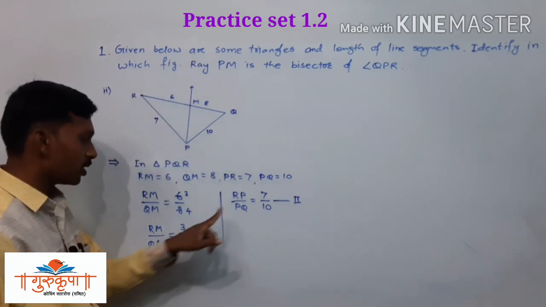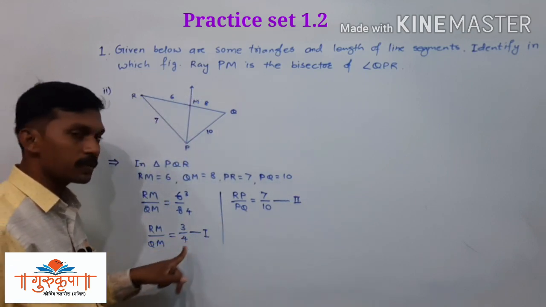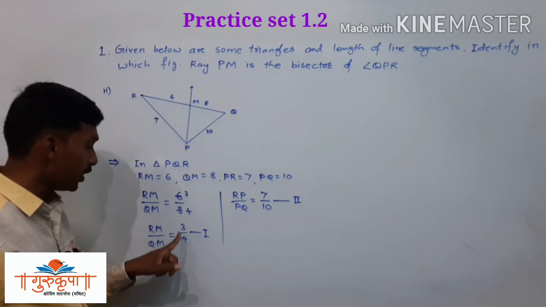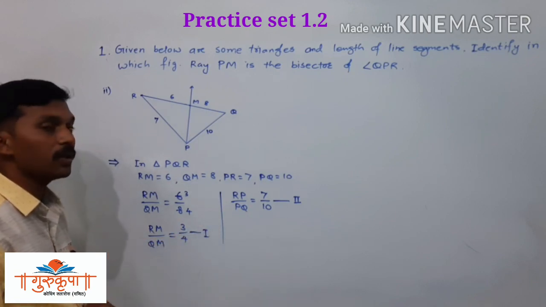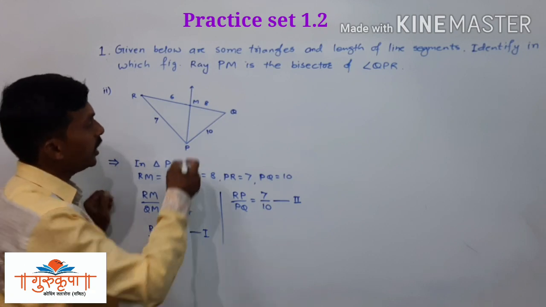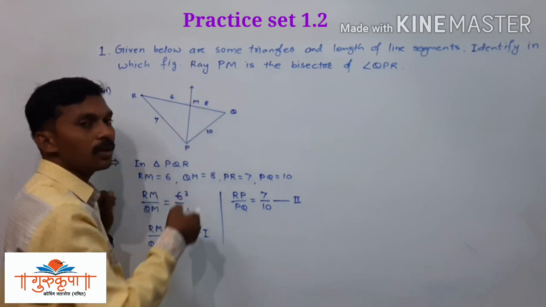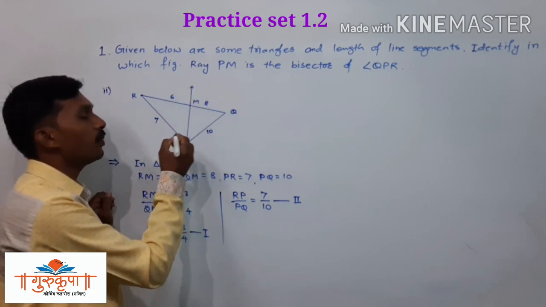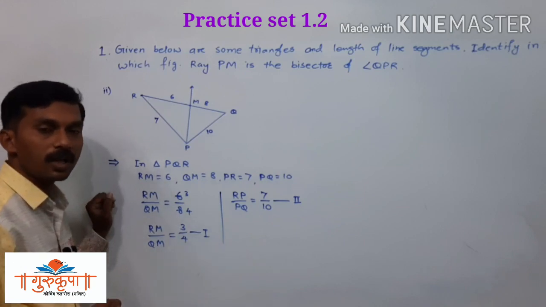And now check whether these two ratios are equal or not, and we identify that both the ratios are not equal. It means that this PM is not the angle bisector of angle QPR.